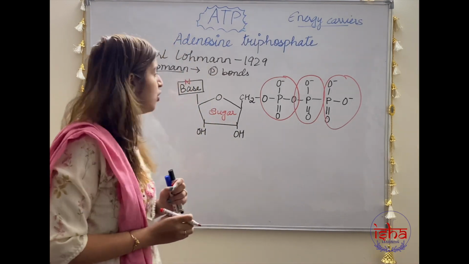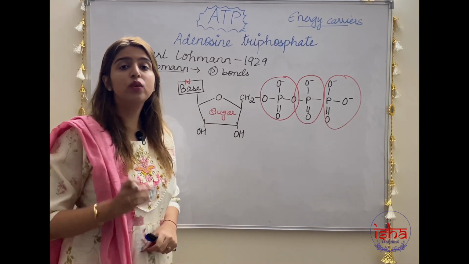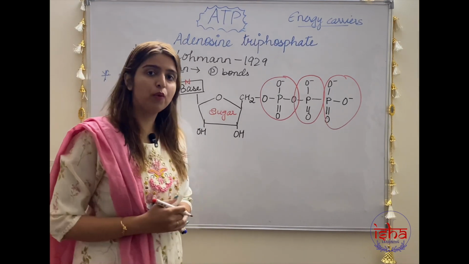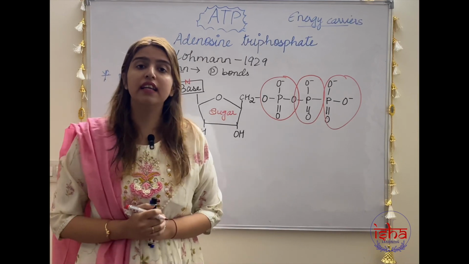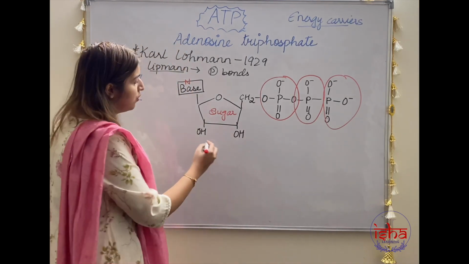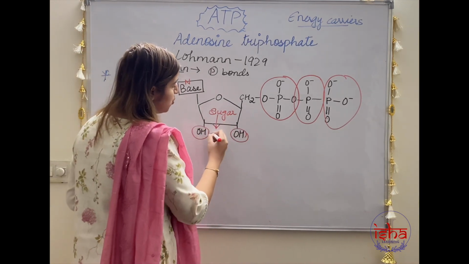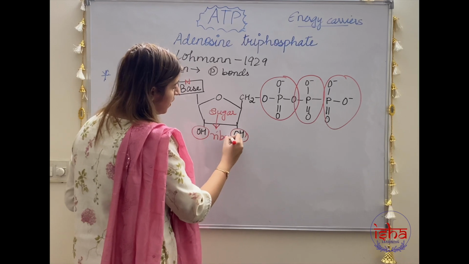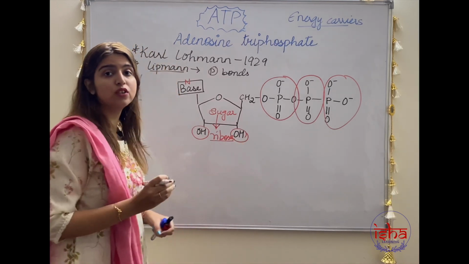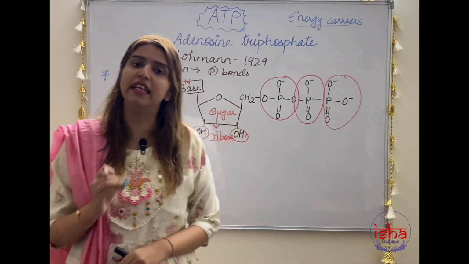So now when we talk about the sugar, we know that in the case of DNA, the sugar is deoxyribose. And in the case of RNA, the sugar is ribose. In this case, we observe that both OH groups are present and therefore the sugar is ribose. So ATP is in fact closer in structure to RNA than it is to DNA.